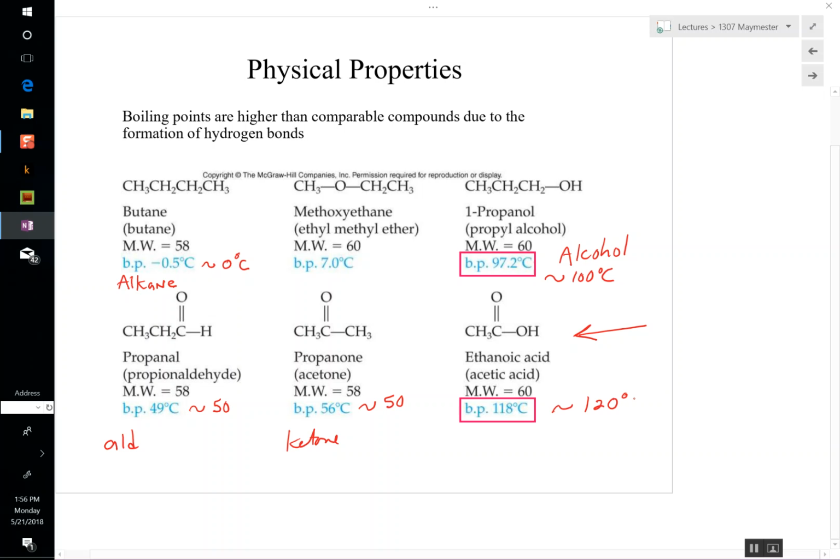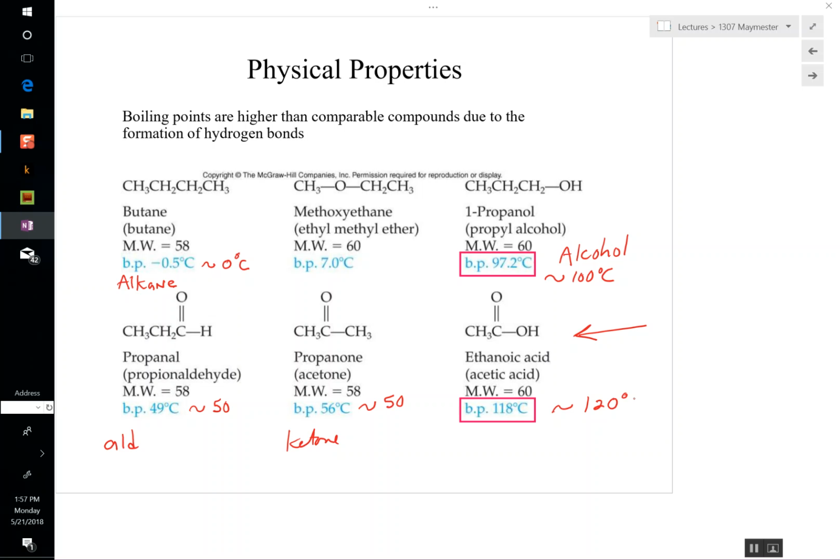And what do we keep constant? About the weight of the molecules. We're comparing comparable molecular weight molecules and seeing dramatically different boiling points. Why? Because of how much attraction there is between the molecules themselves. Higher boiling point, more attraction.